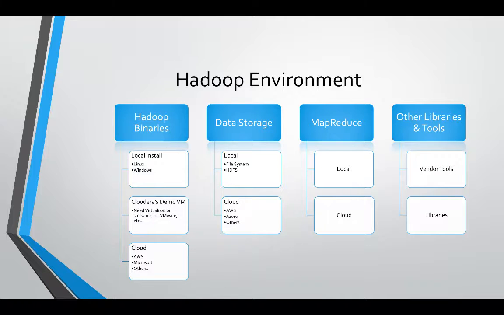So let's start with the Hadoop environment that we faced in the last session on Hadoop. We have seen that Hadoop is made of four main components, four main areas in the architecture. We have the Hadoop binaries, and the data storage that most of the time is based on HDFS, the file system of Hadoop, but it can go also on the cloud.